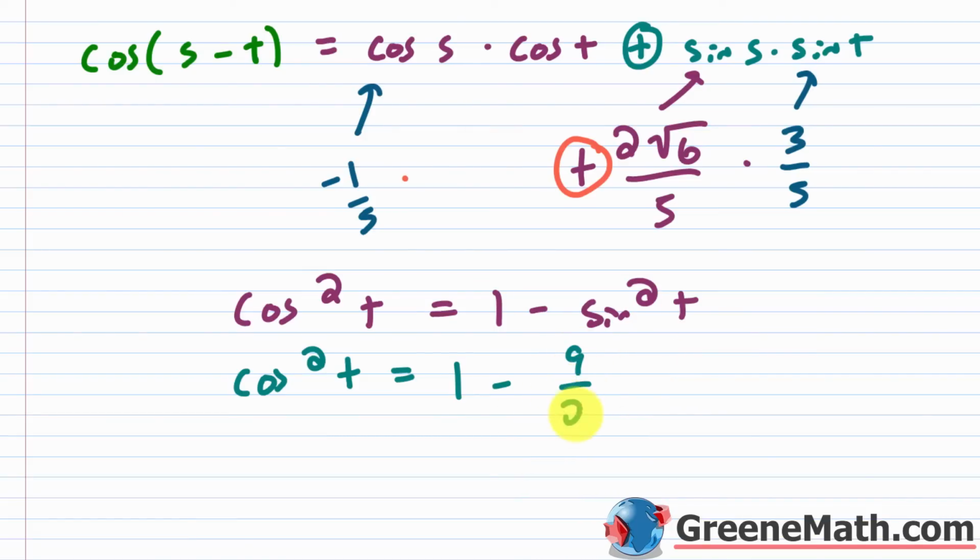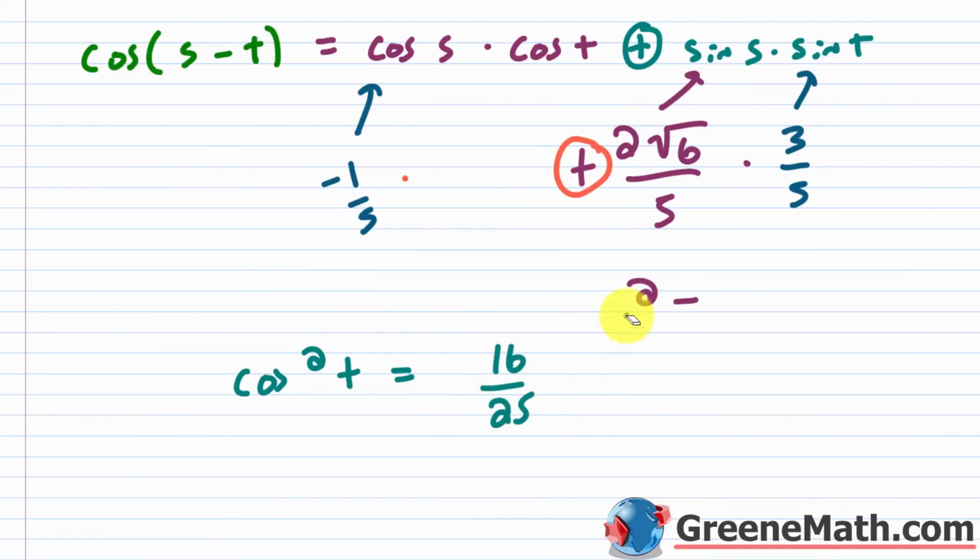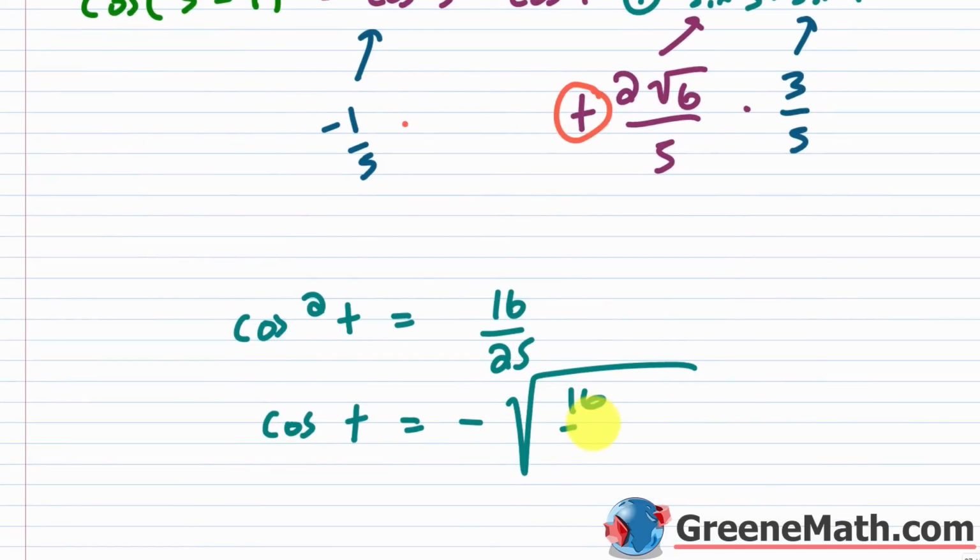This would be 25/25, and 25 minus 9 is 16, so this is 16/25. Now, we said that we were in quadrant 2. In quadrant 2, cosine is negative. So the cosine of t is equal to the negative square root of 16/25, which would be negative, the square root of 16 is 4, and the square root of 25 is 5. So the cosine of t is -4/5.